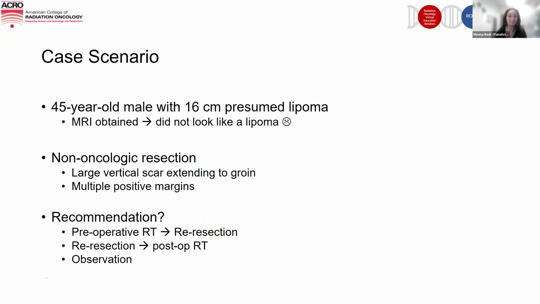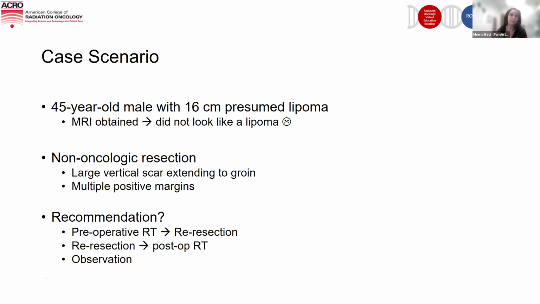It did not look like a lipoma, but they excised it like a lipoma. And lo and behold, this patient had multiple positive margins. There's a large scar extending to the groin. The drain was like 5 or 6 centimeters away.